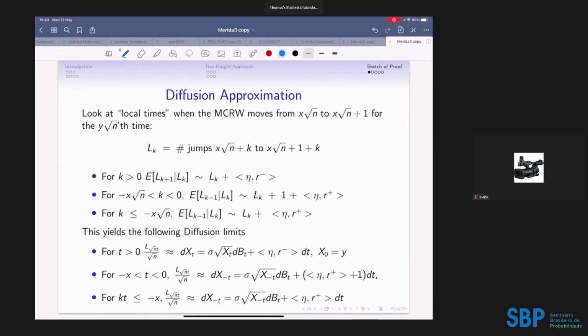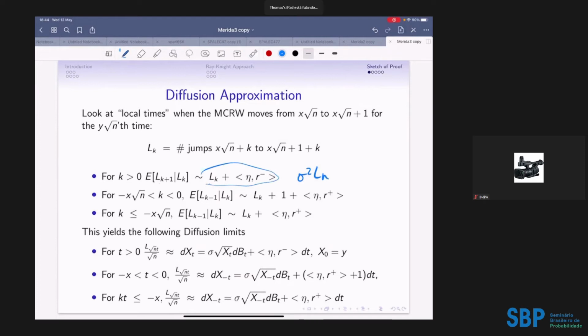I'm changing the notation because before we were moving backwards, now at LK, I'm moving forward. But here, we can argue that we have LK plus 1 given LK, it's going to evolve in this way. And the variance is always going to be sigma squared LK.